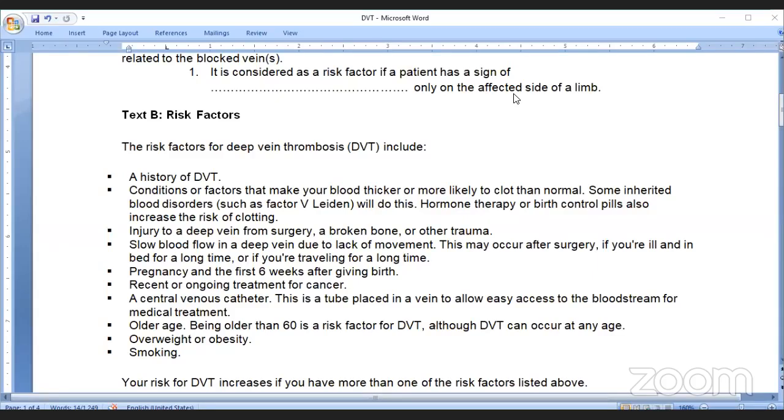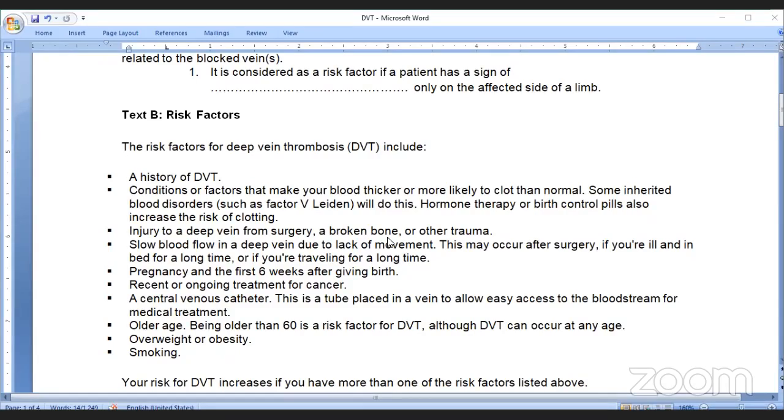This part, is it mentioned anywhere that this broken bone is only on the affected side? If your broken bone is on the opposite side, then it is not a risk factor. So your keywords are not matching anywhere in this text, I think.